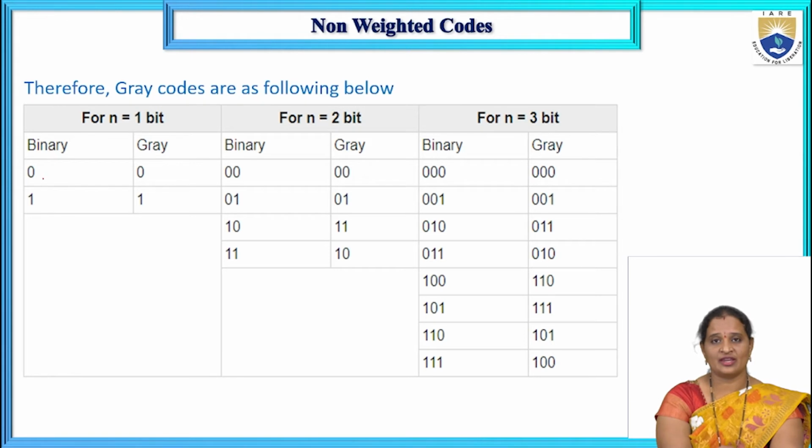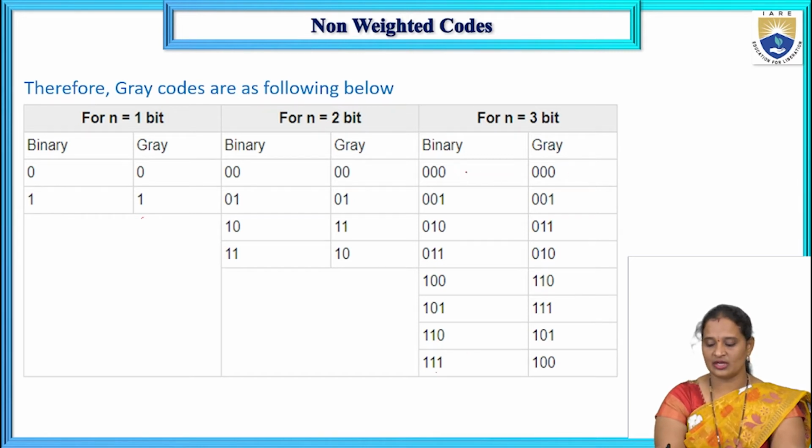So these are the binary codes. This is the table showing the difference between the binary code and gray code. The 2-bit binary code is 00, 01, 10, 11, whereas the gray code is 00, 01, 11 first and 10 next. Next, the 3-bit binary: 000, 001, 010, 011, 100, 101, 110, 111.